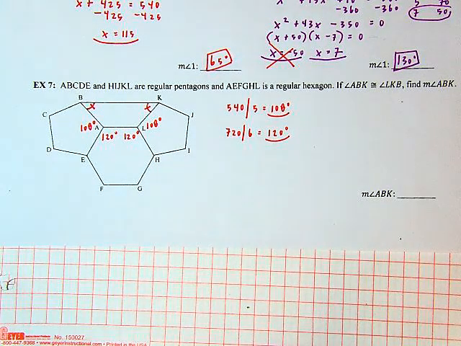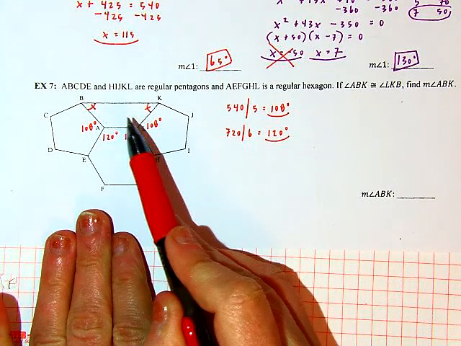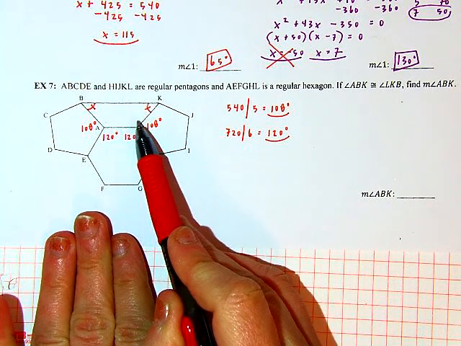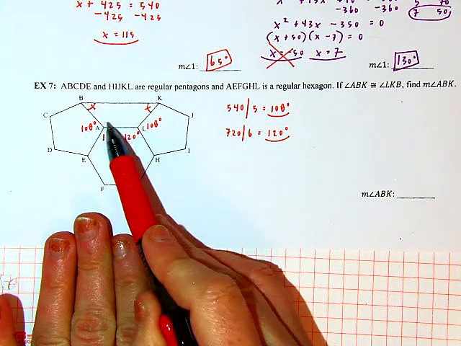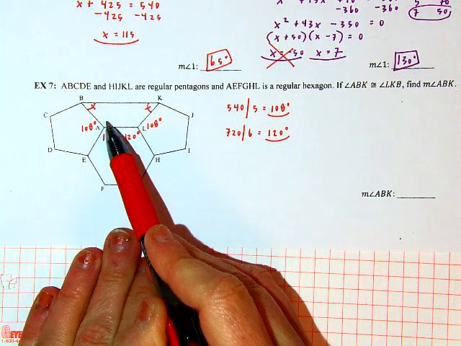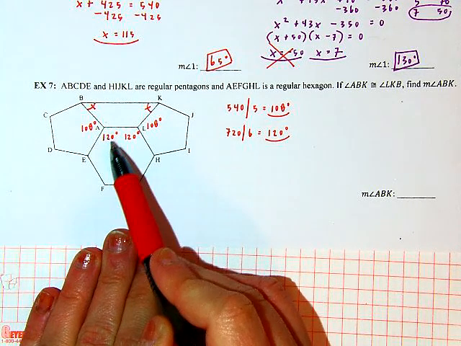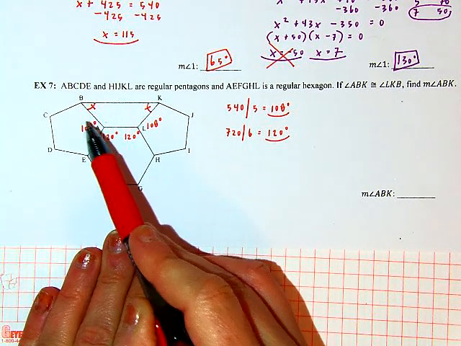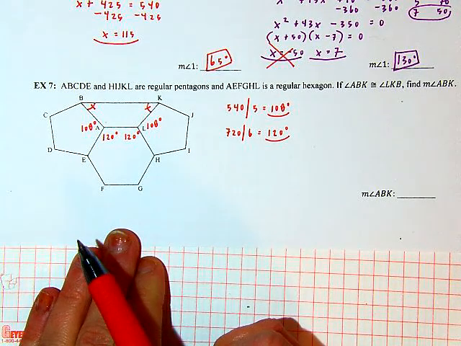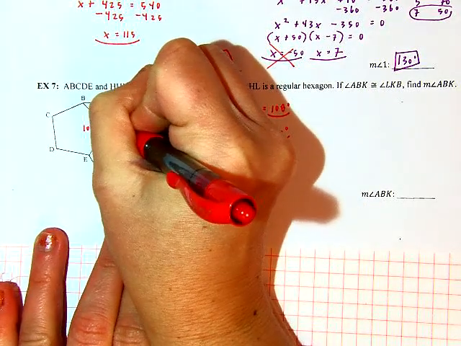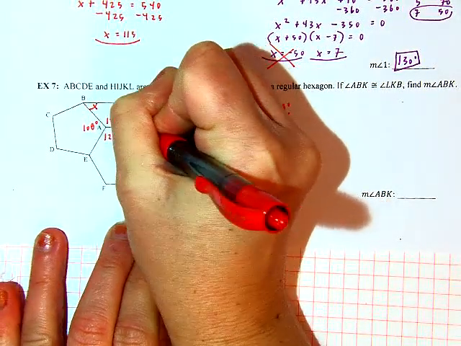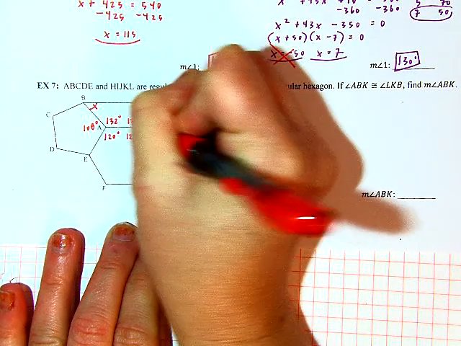So now I see how I can get to these 2 angles here and here. I can see that they're actually congruent as well. So if I look at this one, this would be a full 360. So if I take 360 and I subtract 120 and 108, I get 132. And I would get the same thing over here as well, 132.